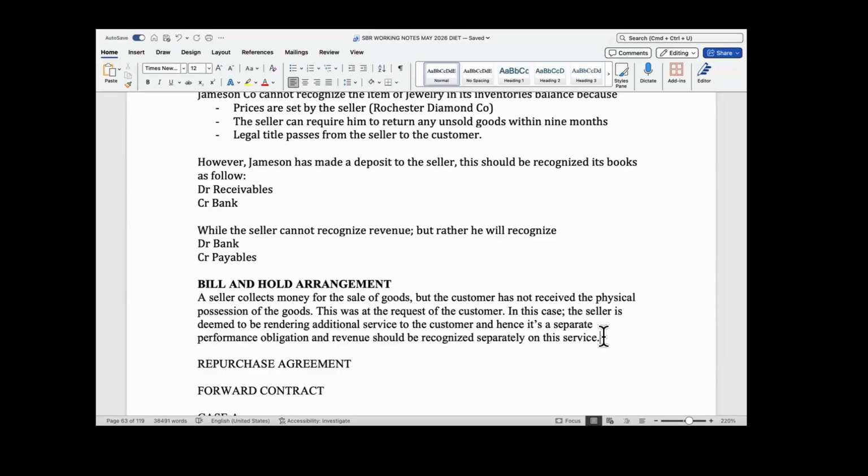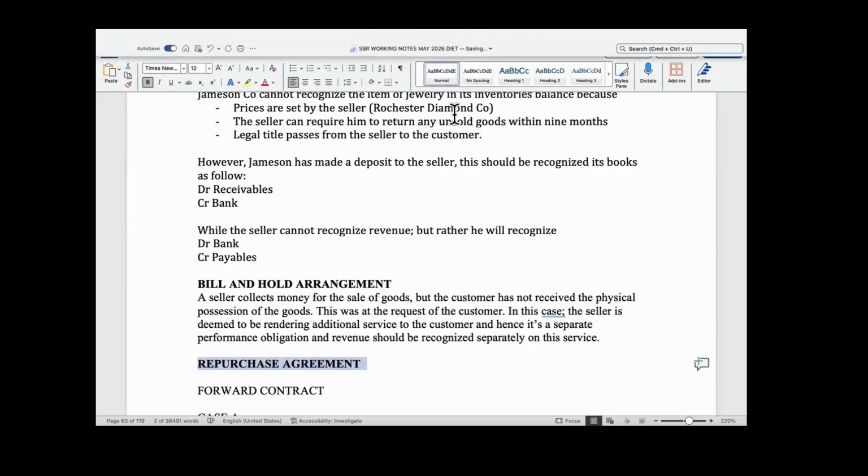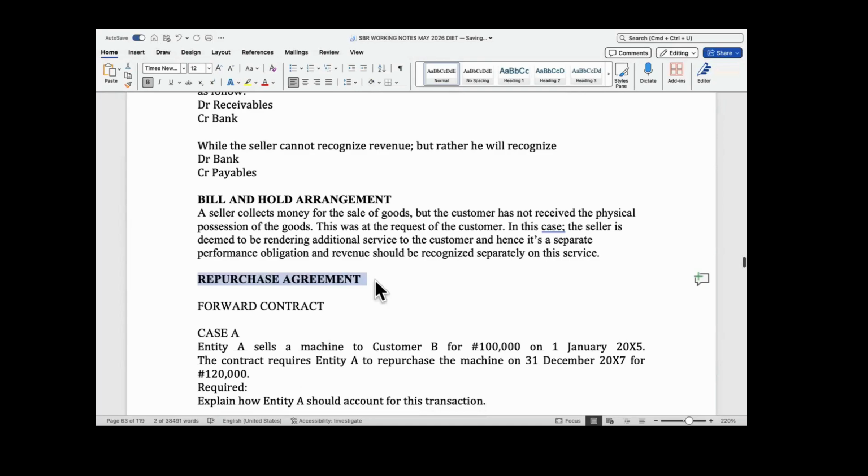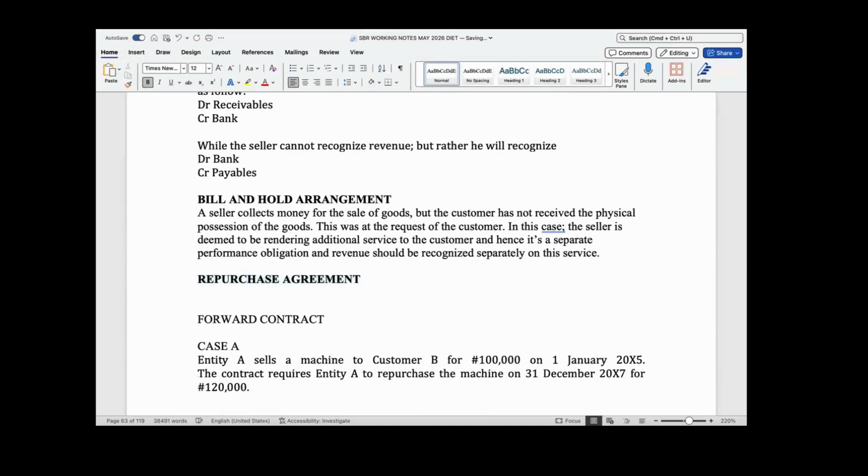Now, the next one here is repurchase agreements.